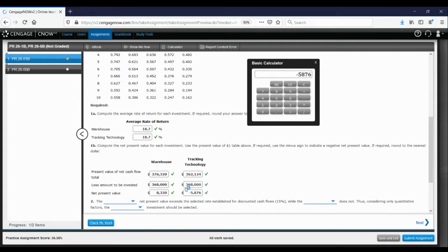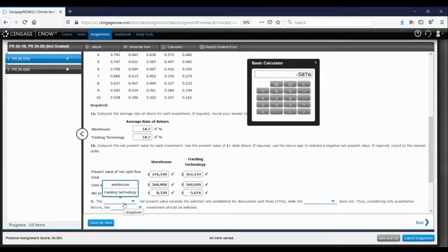And so what this tells us, class, when we're comparing the two of these, is that our warehouse has given us a positive net present value, which is certainly better than a negative net present value. So the warehouse would probably be the better choice for this investment. So in part 2, they ask you a question to fill in the blank.